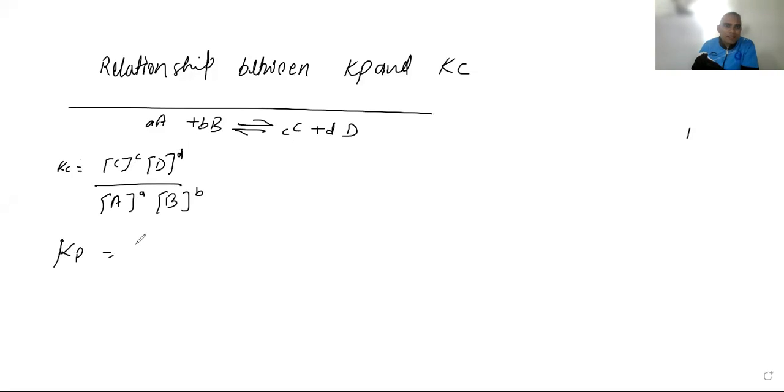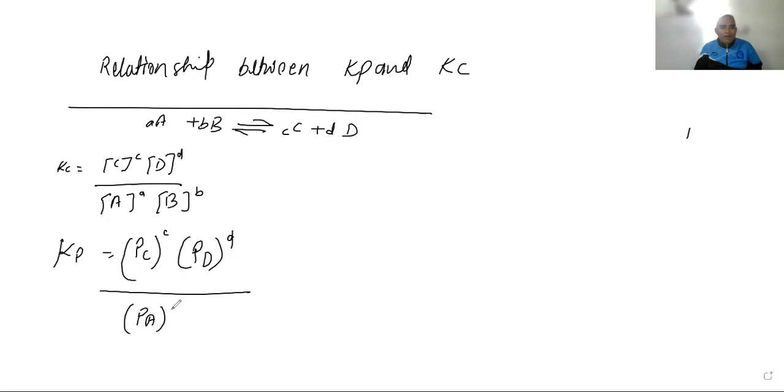So the partial pressure, if you are writing, is PC, in the middle bracket, not the square bracket, to the power c, and PD to the power d, and here will be PA to the power a and PB to the power b.